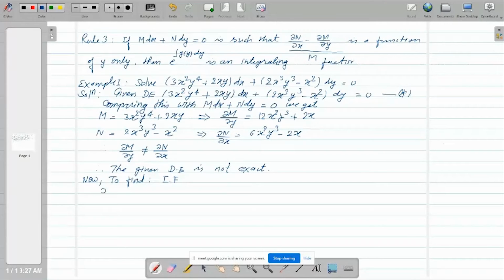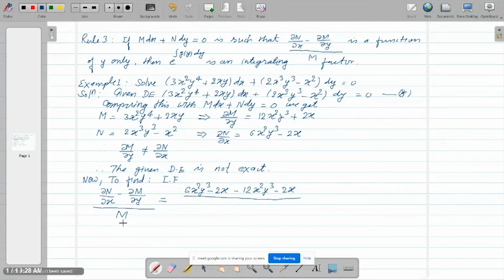we will first find the ratio. What is the ratio? (∂N/∂x minus ∂M/∂y) divided by M. ∂N/∂x is 6x²y³ minus 2x, then minus of this factor, ∂M/∂y, that is minus 12x²y³ minus 2x, and divide by M. What is M?